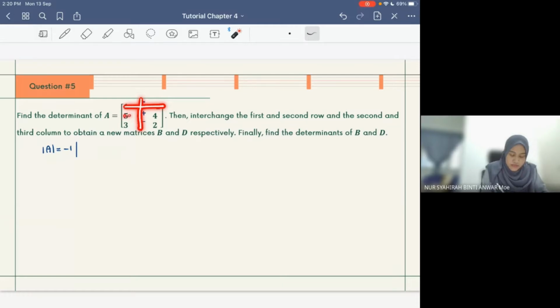So kita ada 5, 4, 3, 2. And then plus 0, so saya tak payah tulislah plus 0, and then minus 1. So minus 1 again, and this time the elements will be third row, second column will be 1, negative 2, 5, 4.